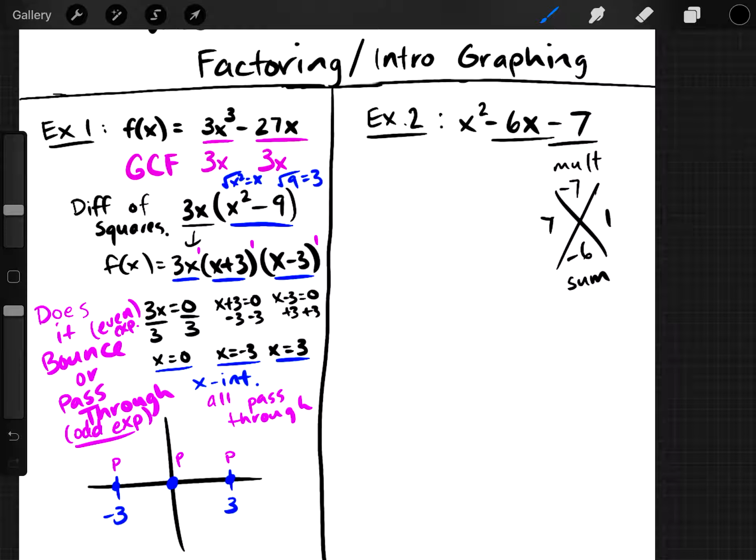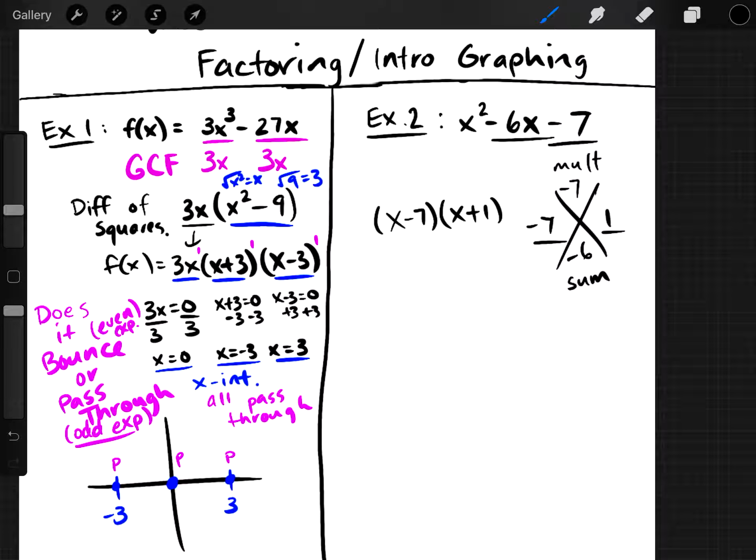Obviously 7 and 1, but we need it to be negative, so one of them is going to be negative. That's a 7. -7 plus 1 is -6. -7 times 1 is -7. So we can break that into its factored form of x minus 7, x plus 1, right? That's where we end up.